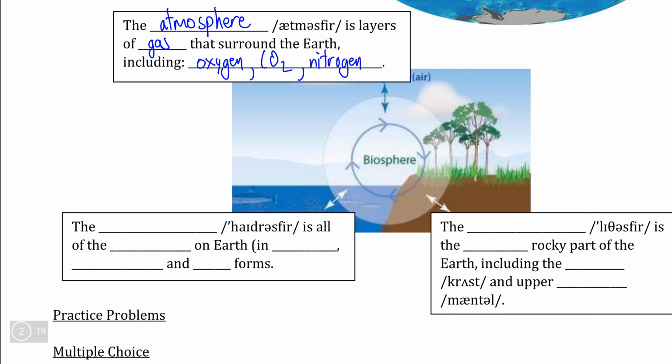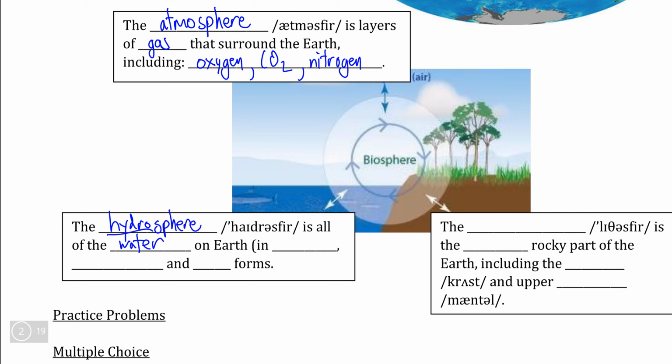Another very important component of the non-living parts of the biosphere is all of the water that exists on Earth. You cannot go more than 3 to 4 days without water before you dehydrate and die, and therefore the water component of the biosphere is what we call the hydrosphere.